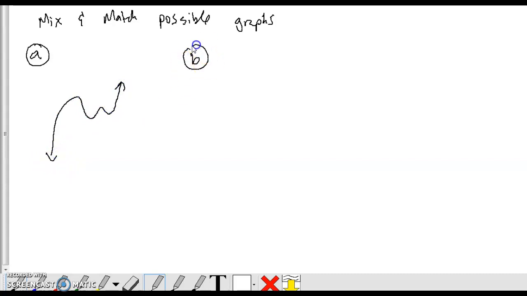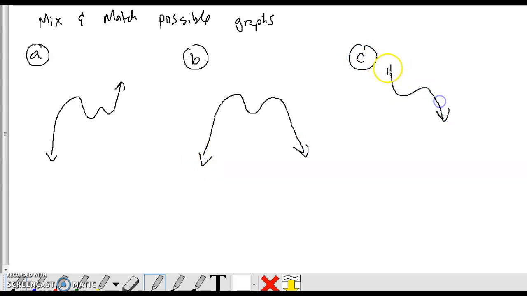Great. Draw my B. Maybe my B looks something like that. And then I'll draw C, and maybe my C looks like this. All right, so there are my 3 graphs. And then here are my equations. So maybe this is f of x is equal to negative 4x to the power of 4 plus 2x squared minus 4.